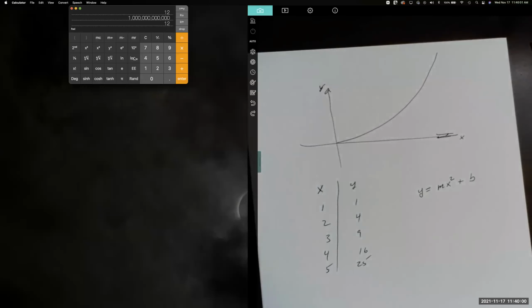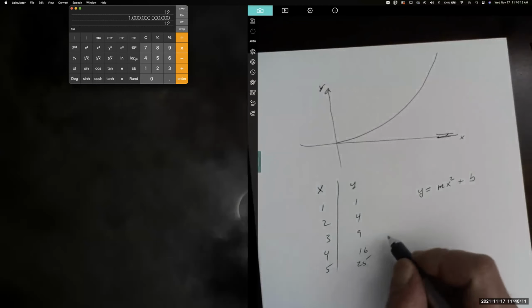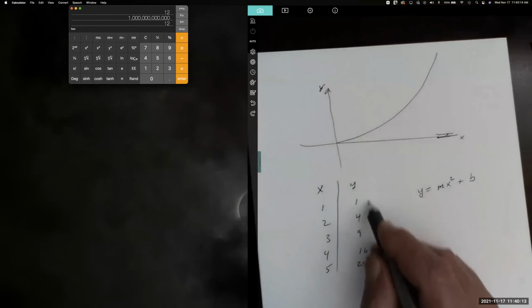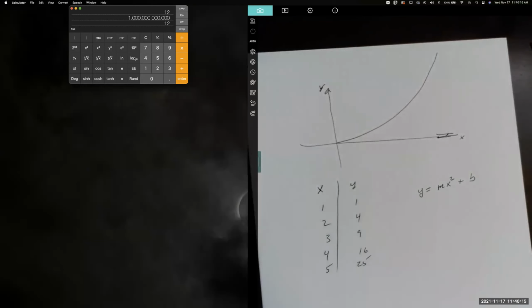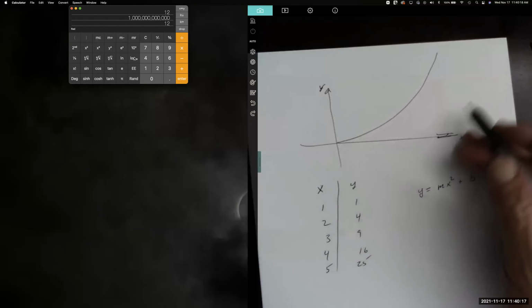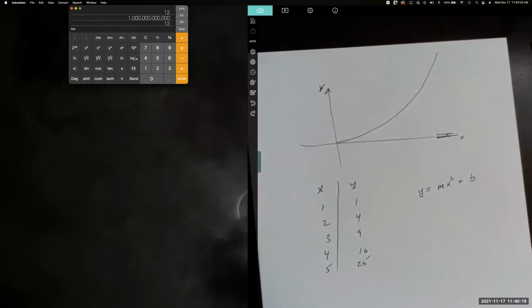Well, I want to get rid of the x squared, so I might take a square root of things to get that slope. And if I plotted my data but took the square root of all my data, I would then be plotting a straight line. So we're going to see doing that in today's lab.